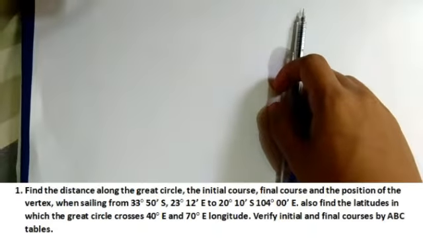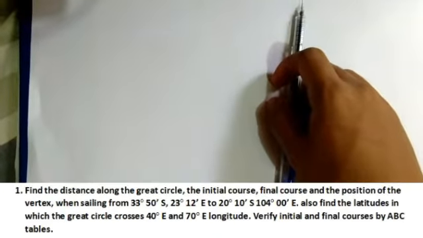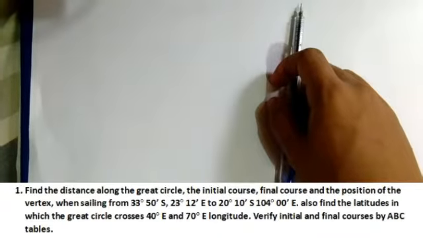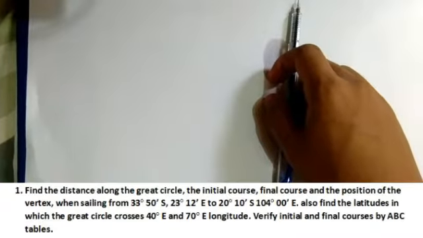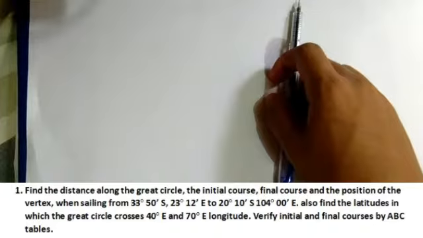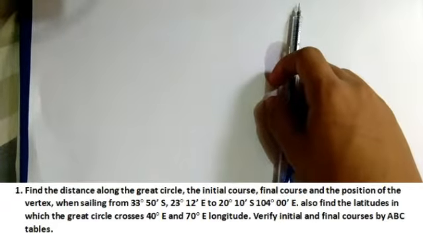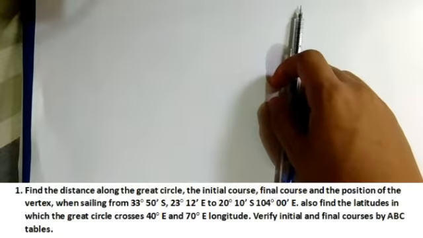Also, find the latitude in which the Great Circle crosses 40 degrees east and 70 degrees east longitude. And lastly, verify initial and final courses by A, B, C tables.